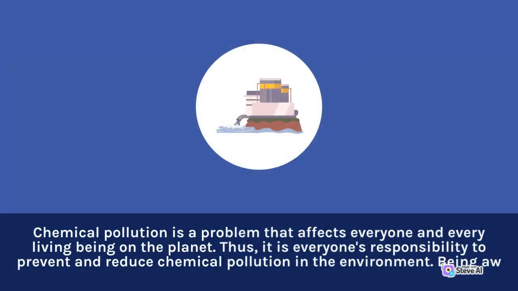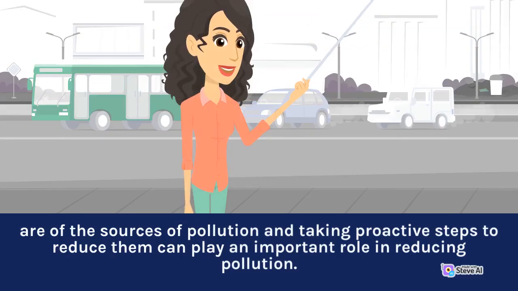Chemical pollution is a problem that affects everyone and every living being on the planet. Thus, it is everyone's responsibility to prevent and reduce chemical pollution in the environment. We are all sources of pollution, and taking proactive steps to reduce them can play an important role in reducing pollution.